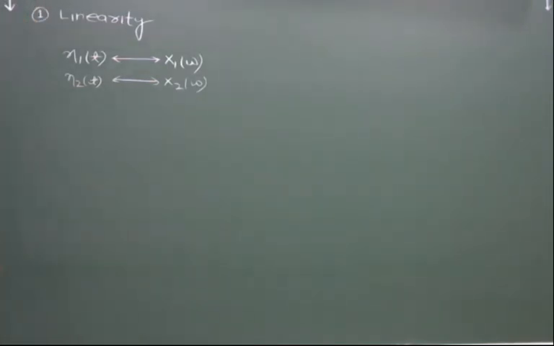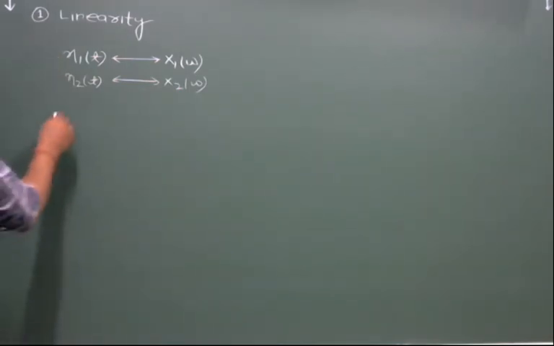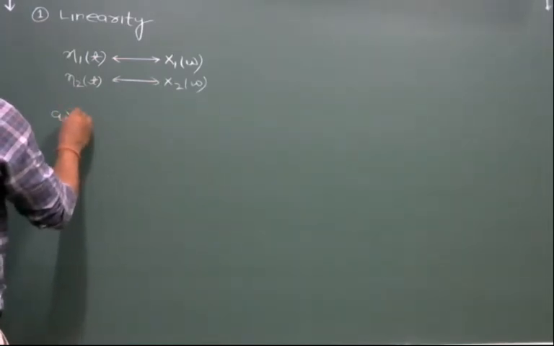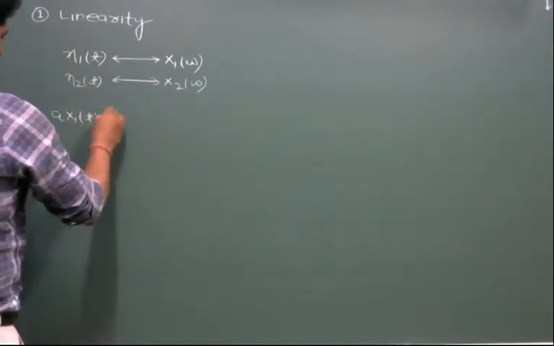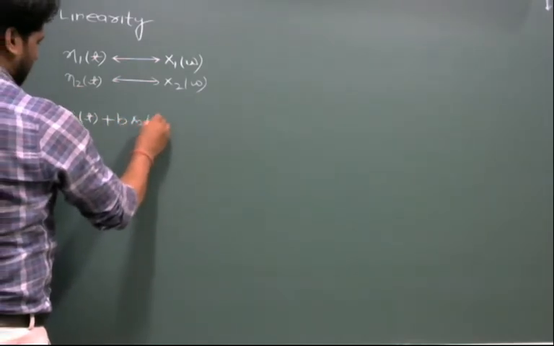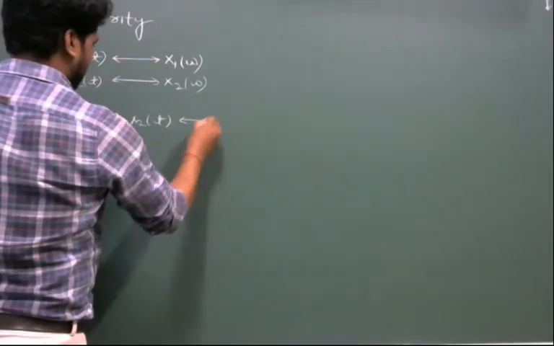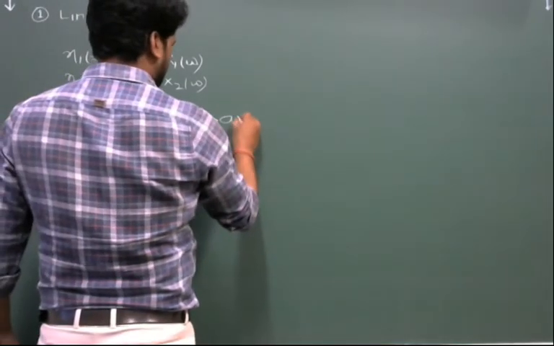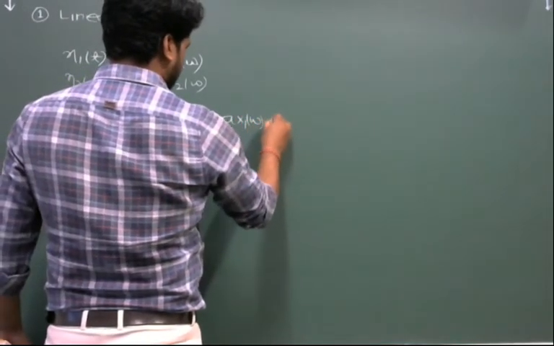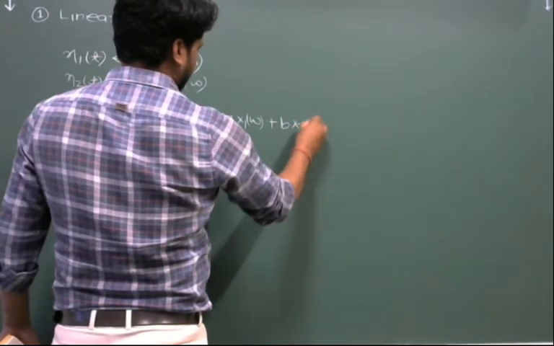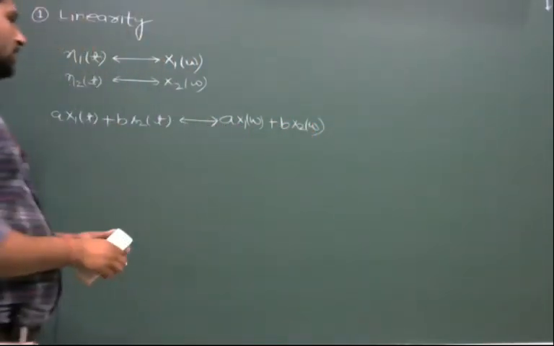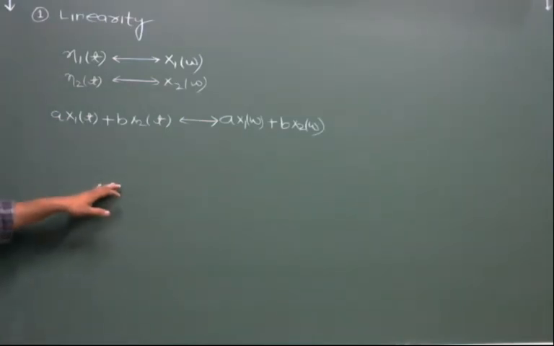Now if we add these two signals x1(t) and x2(t) after a weight multiplied in these two signals a and b, then the Fourier transform of a x1(t) plus b x2(t) will be a X1(omega) plus b X2(omega). This is what the linearity property of the Fourier transform states.